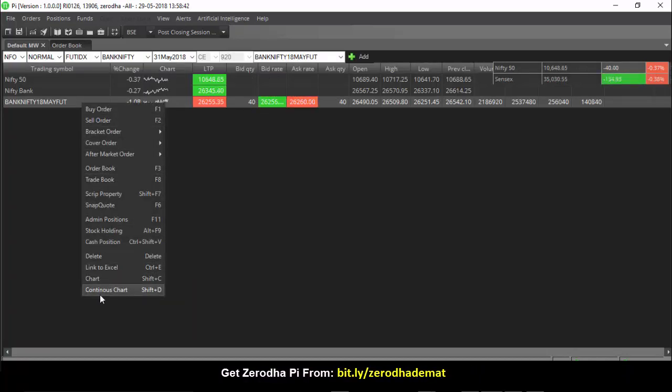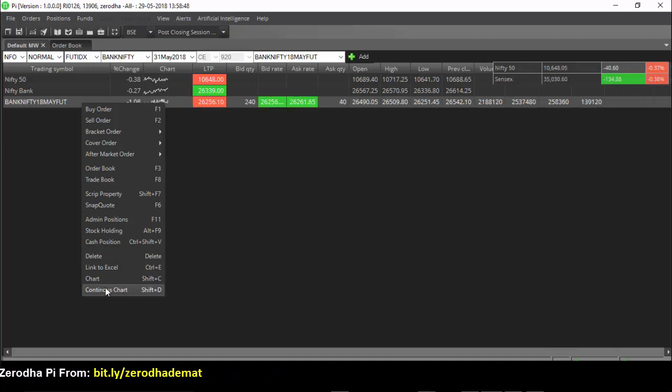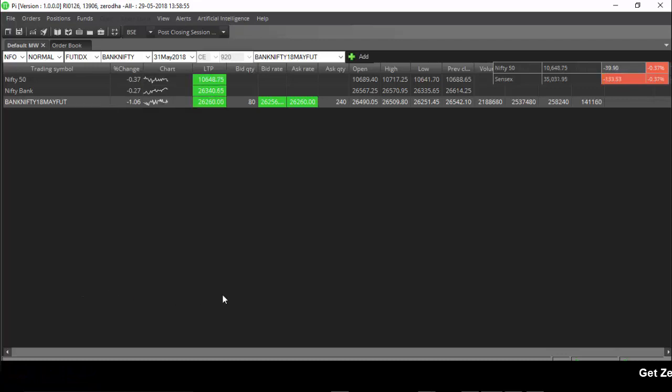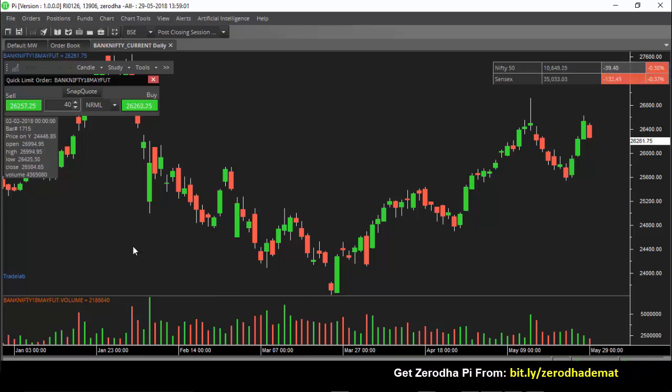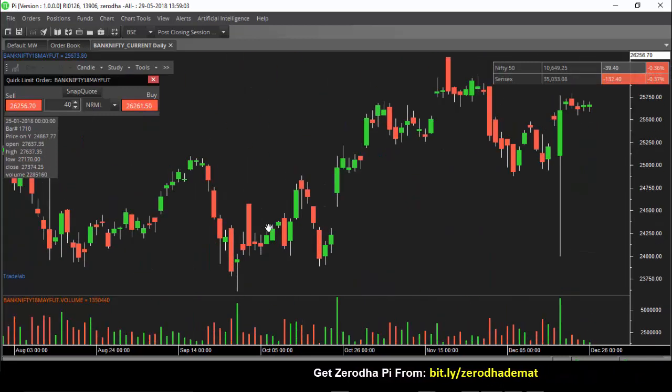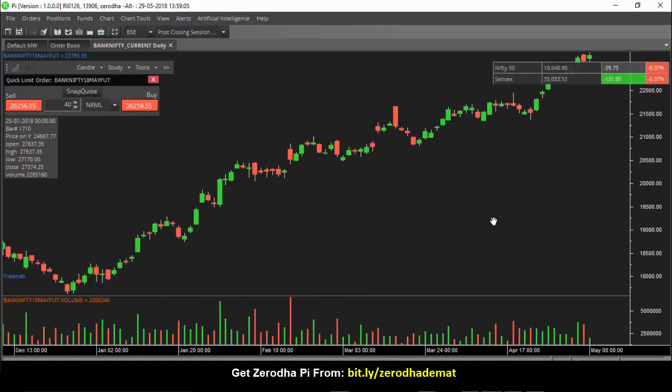So now let us select continuous chart. So previously we selected this and now we will select continuous chart. Instead of normal chart, we will select continuous chart. Now you can see the difference between the Bank Nifty normal chart and the continuous chart. You can see this continuous chart is actually dating back to the history.